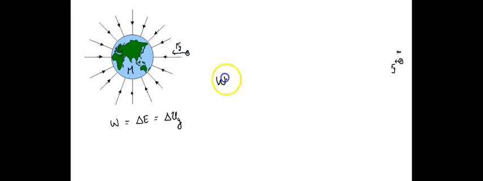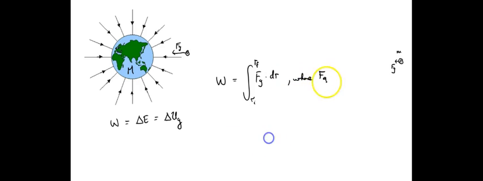If we were to calculate the work done by that force of gravity, we can use the integral of the force of gravity dot dr, going from r initial to r final, where we know that the force of gravity is given by Newton's universal gravitational law, G big M for the mass of the Earth, little m, the mass of this object, divided by the distance squared.